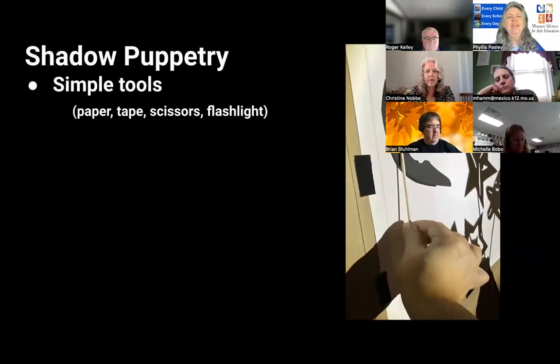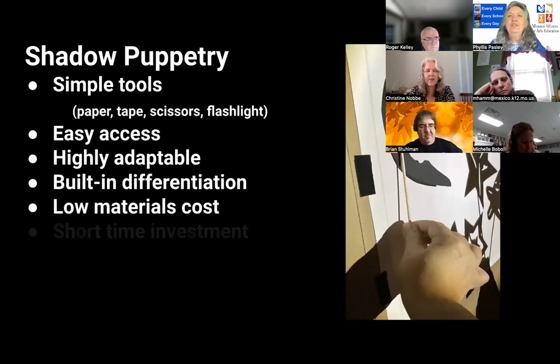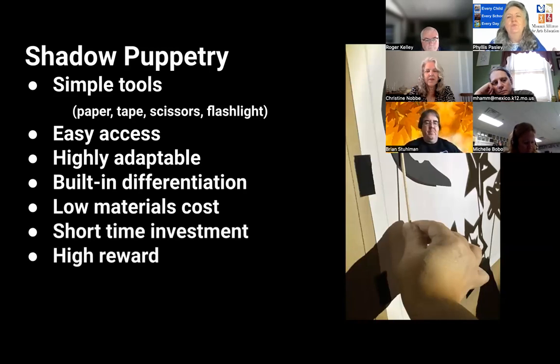Shadow puppetry, I just have the greatest respect and almost wish that I had embraced it and knew about it more when I was a practicing music educator. It does require very simple tools, easy access. It's very adaptable. Low cost, short time investment with really, really high rewards and built-in differentiation.